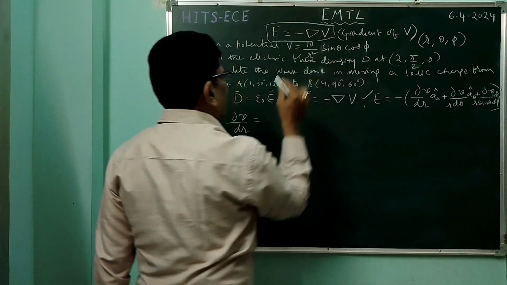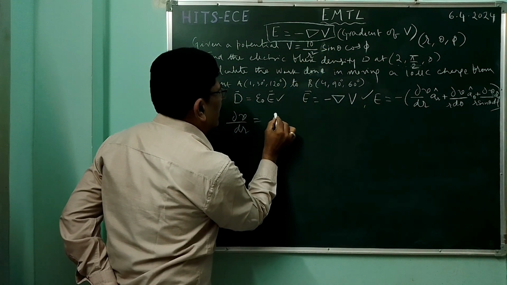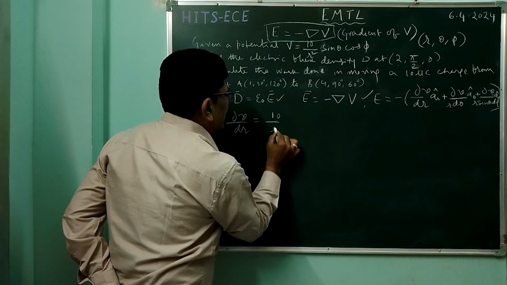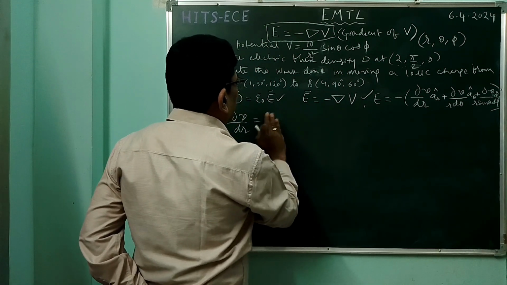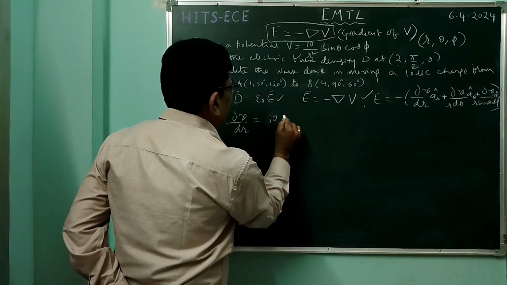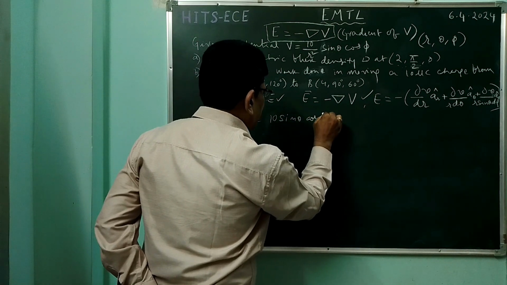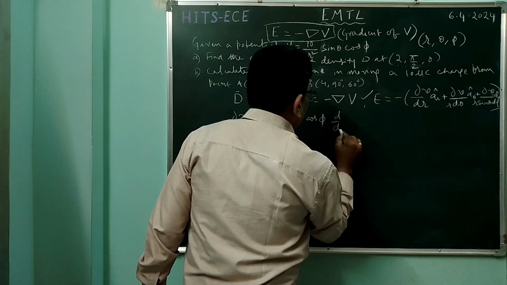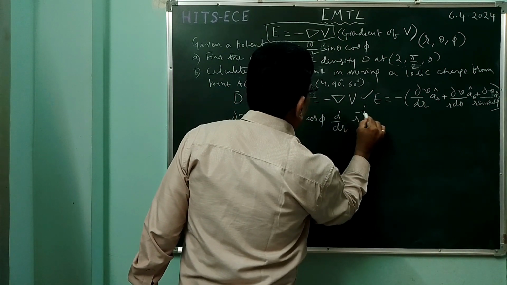Taking these constants common, it is 10 sin theta cos phi into d by dr of r power minus 2.